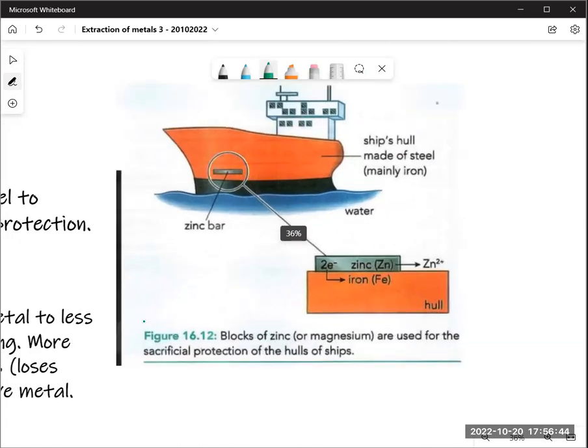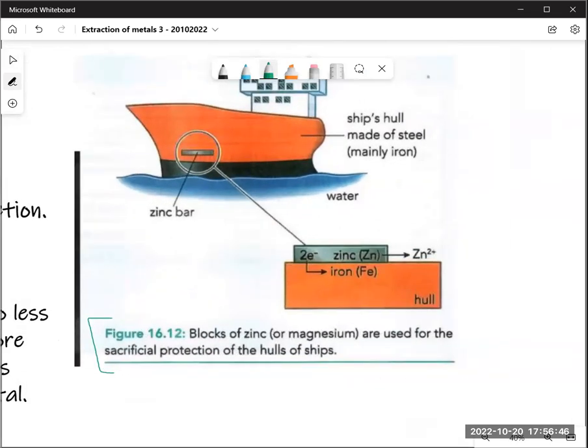Safa, read this part. Figure 16.12. Blocks of zinc or magnesium are used for the protection of the hulls of ships.